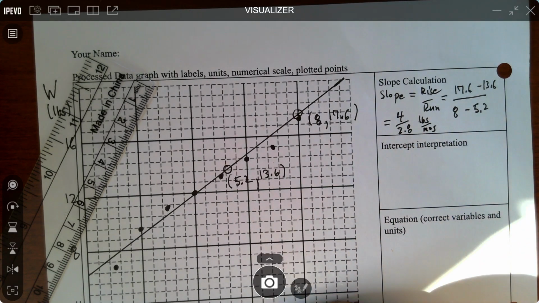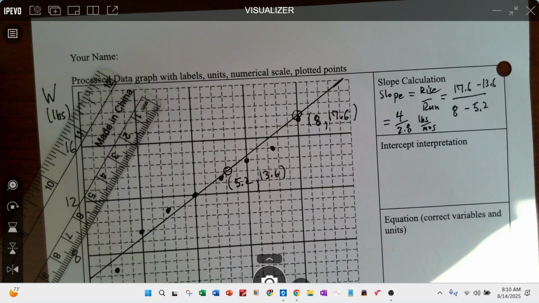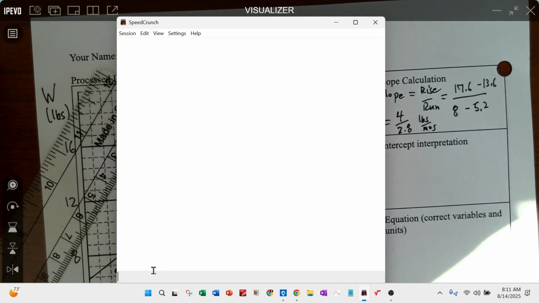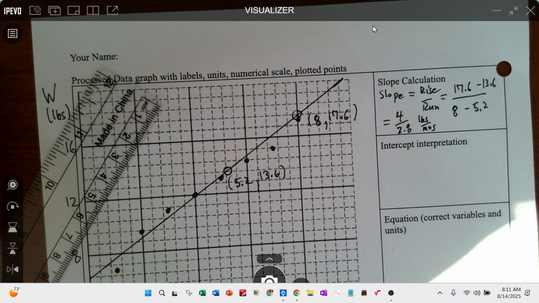Now I want to get a decimal value for this, so I'm going to go over here to my calculator. I had 4 over 2.8, so I'm going to do 4 divided by 2.8, and that is 1.42857. I'll just round it to 1.43.